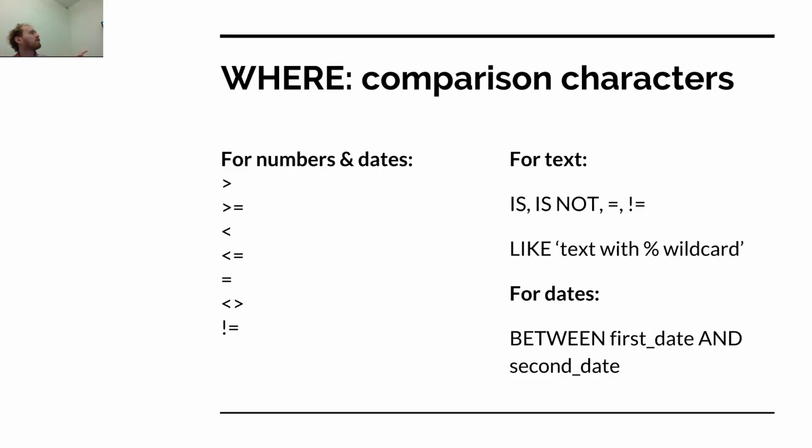But what's really powerful is you can do like or not like, and then that lets you use a percentage sign as a wildcard. So that piece of text there, text with a percentage sign wildcard, would match text with wildcard with nothing in there. It would match text with crazy wildcard, with the percentage sign swapped out for crazy, right? So that's like your all operator.